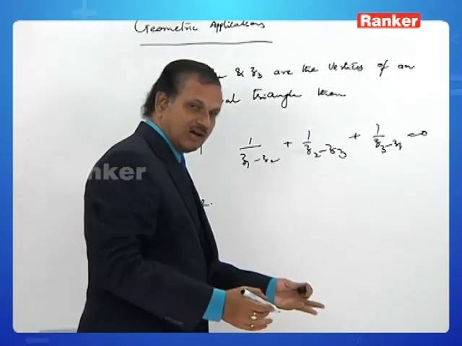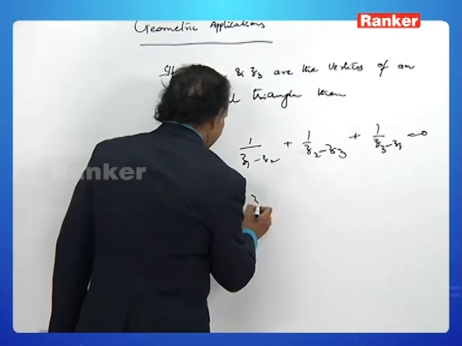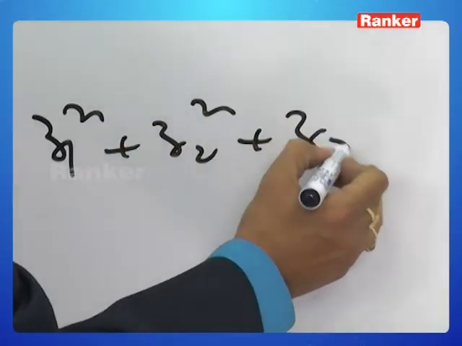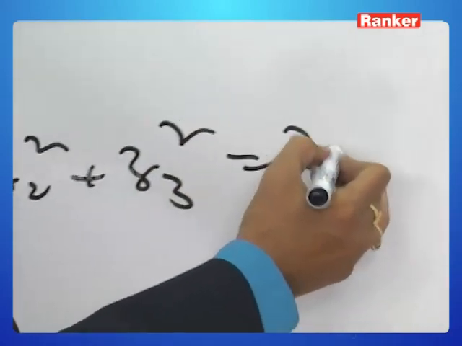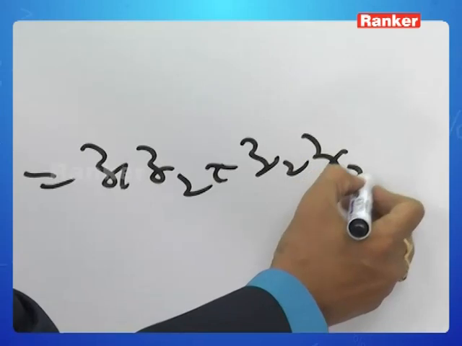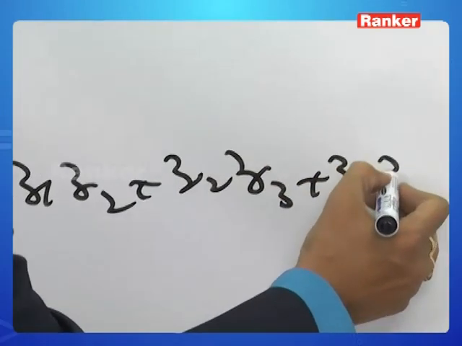From which we can also derive that Z1 square plus Z2 square plus Z3 square is equal to Z1 Z2 plus Z2 Z3 plus Z3 Z1.